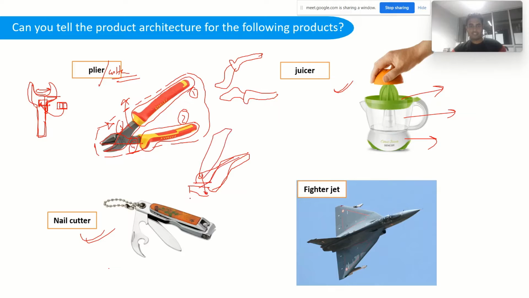Here, if you see, you have other things also. What is the purpose of this? This is to hold, right? To hang or make a key ring.